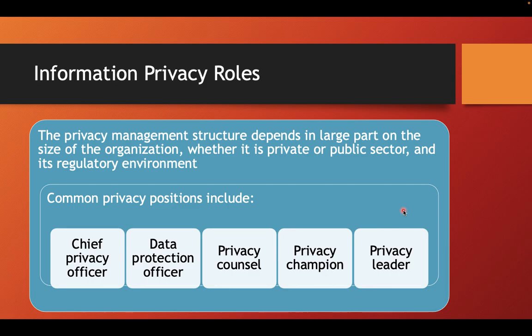Common privacy positions include: one, the chief privacy officer, which we already mentioned some of this, data protection officer, privacy counsel, privacy champion, privacy leader. Now we're going to discuss each of these individuals in every organization as to handling information privacy.